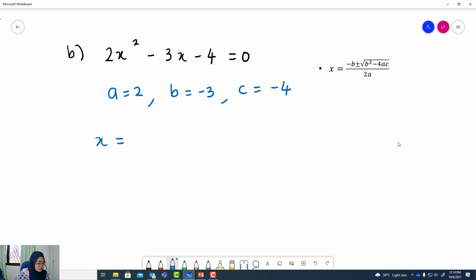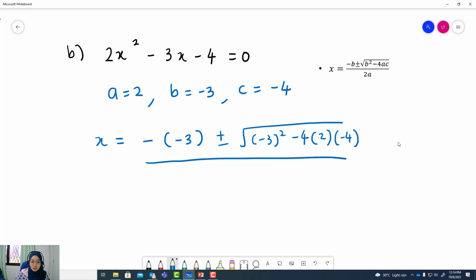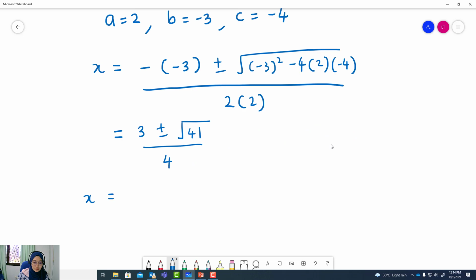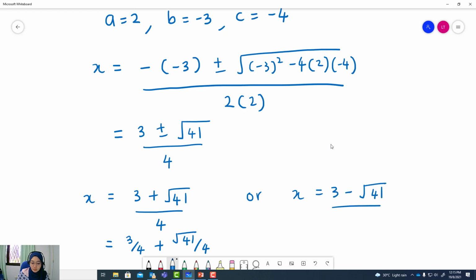So x equals negative b, negative times negative 3, plus minus the square root of negative 3 squared minus 4ac, divided by 2a, 2 times 2, equals 3 plus minus square root of 41 divided by 4. x equals 3 plus square root of 41 divided by 4, equals 3 over 4 plus square root of 41 over 4, or x equals 3 minus square root of 41 over 4, equals 3 over 4 minus square root of 41 over 4.